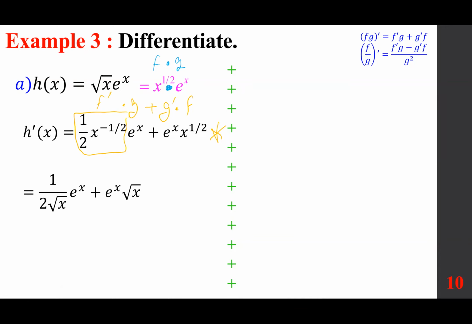Now, we're going to combine the two by taking a common denominator, simply because later on when we do applications of differentiation, we need to put it in a format so we know where the differentiation function is 0, where the differentiation function does not exist.